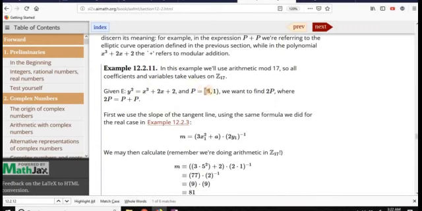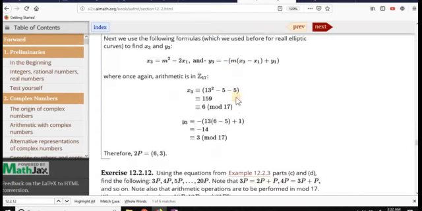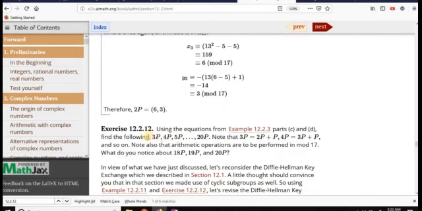Yes, because in that example, you computed 2P, and then I'm asking you to compute, using the equations from here, but you use the point from the previous one. The point is that in 12.2.11 you found 2P, and then here you just add that to P.